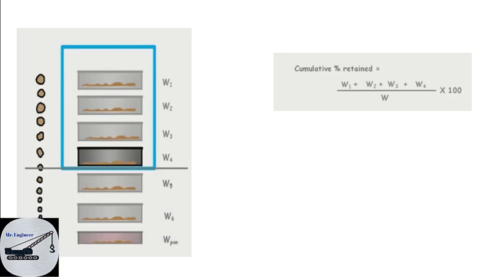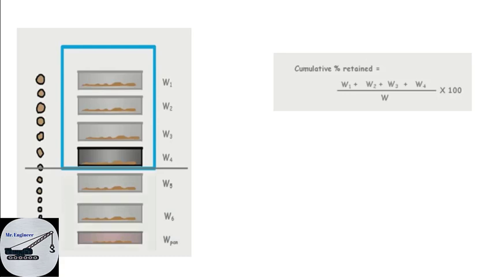Cumulative percentage retained on any sieve is the percentage weight retained on that sieve plus the percentage weight retained on all the other sieves above it. Cumulative percentage retained on any sieve is the percentage of soil that could not pass that particular sieve. In other words, it is the portion of the soil that has a greater size than the size of the opening of that sieve. In this way, we will calculate the cumulative percentage retained on each sieve.